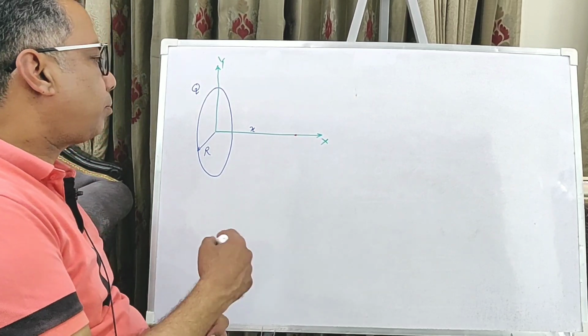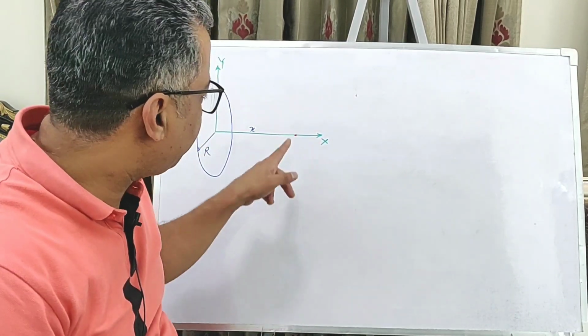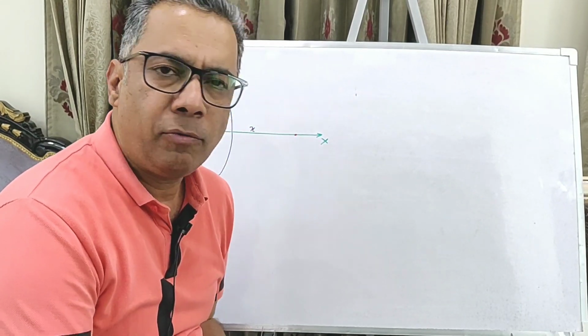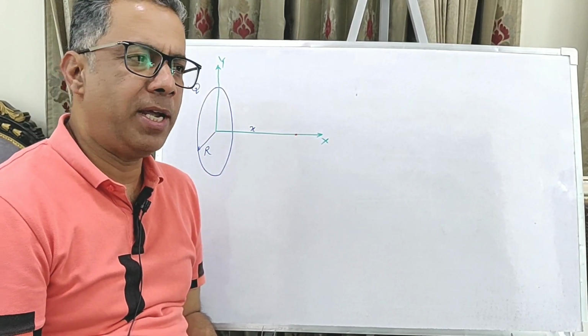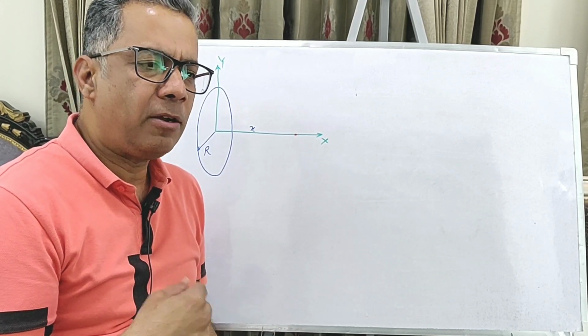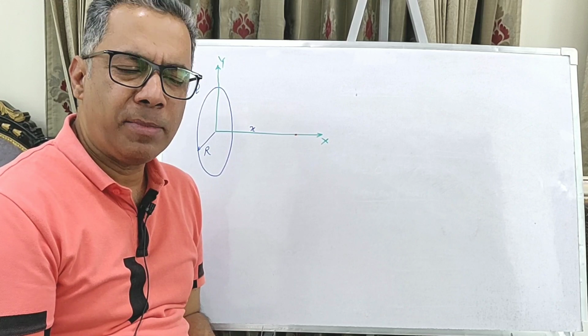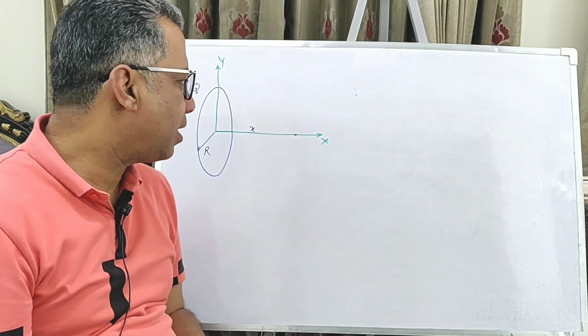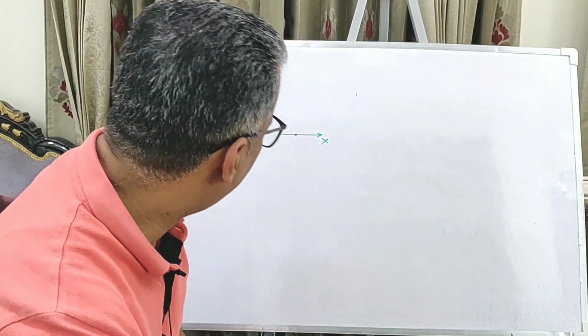Now to calculate potential at this point, it's a continuous distribution of charge. What we need to do is break up this charge into tiny elements and calculate potentials of those small elements, and eventually do a summation of those potentials, and that's exactly what we'll be doing.